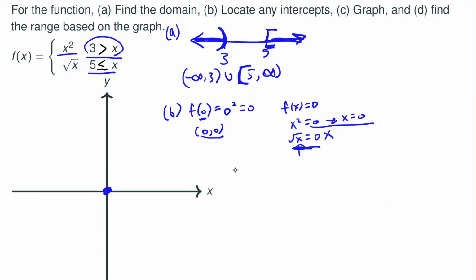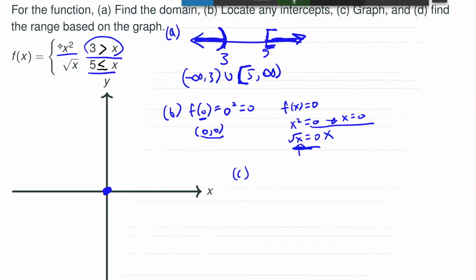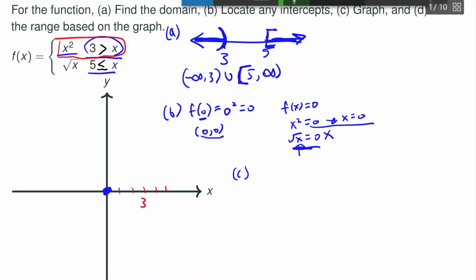So now let's try to graph this function. So here, when we graph piecewise function, it is useful to draw one piece at a time. So let's draw this first. So here's 1, 2, 3, 4, 5. Here's 3, 5.